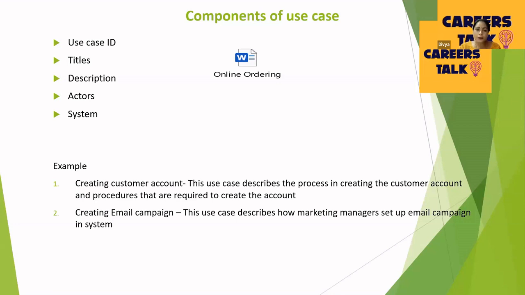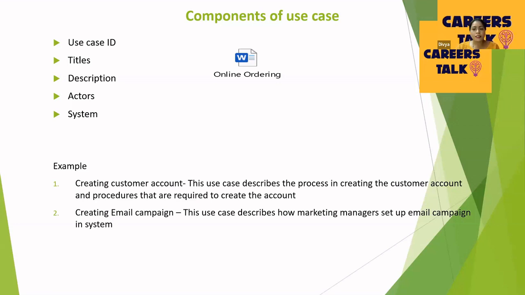And we should be able to map this use case ID in a similar way that matches our BRD, for which requirement you are building a use case. So the use case ID represents the unique ID of that use case.